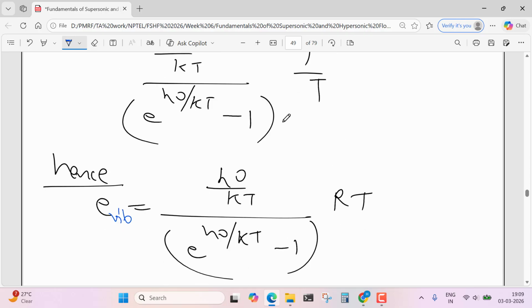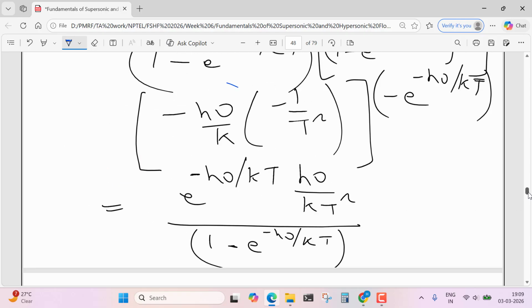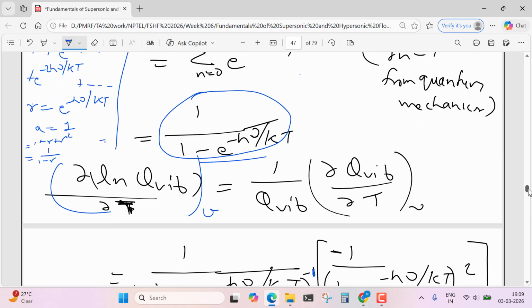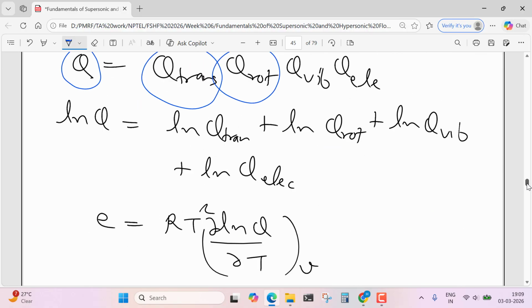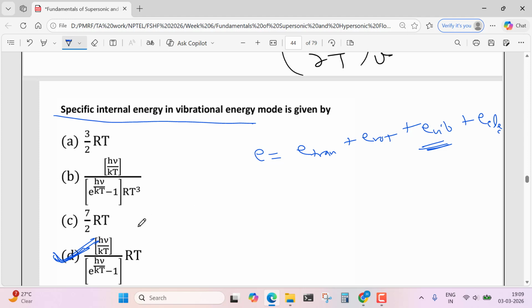So it will become h nu upon kT into RT upon e to the power h nu upon kT minus 1, which is nothing but option D.